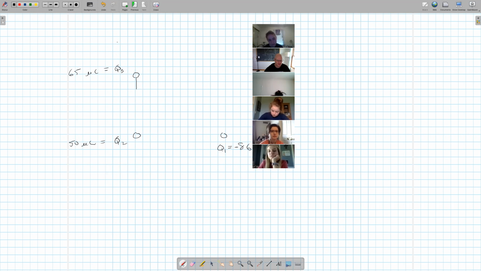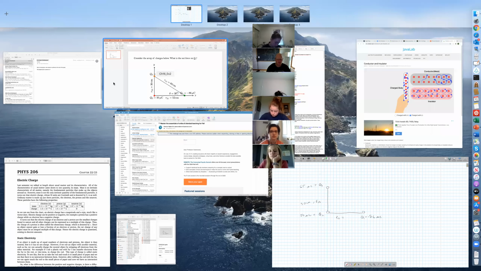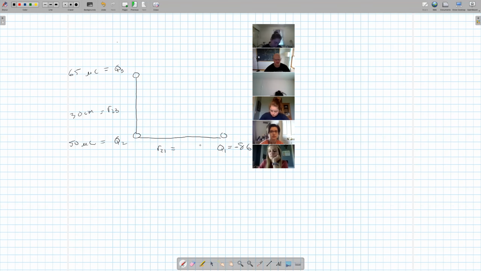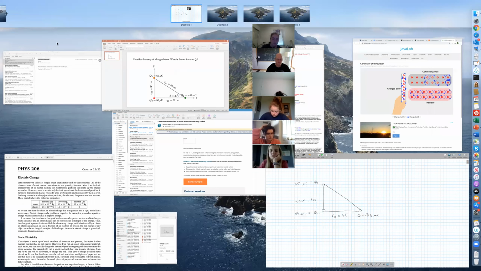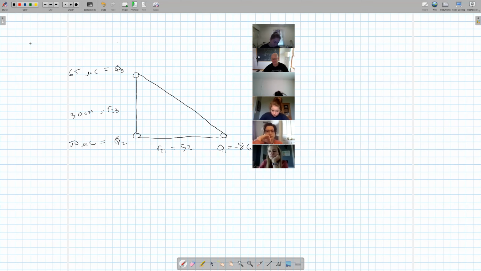Now I know this distance here. Let's call that R23, equal to 30 centimeters. This distance from here to here, R21, is equal to 52 centimeters. The Pythagorean theorem then tells me this distance across here is 60 centimeters.